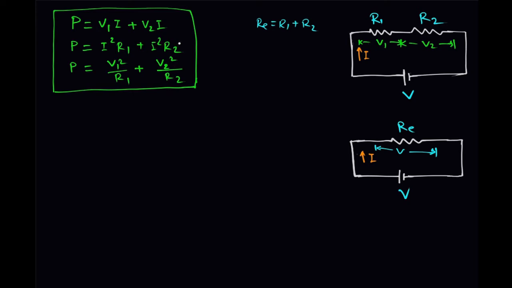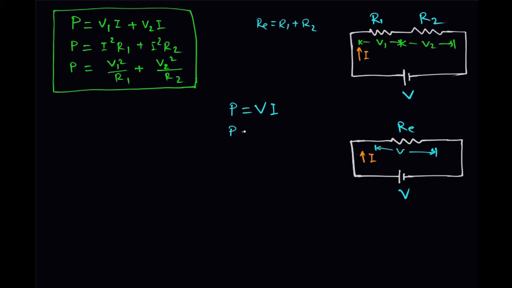Similarly for this also we can use any of these formulas and find the total power, but instead of using this we can directly use this. If P is the power consumed, P is equal to the voltage across this, V, the same as this voltage V, into I, the current flowing through this resistance.